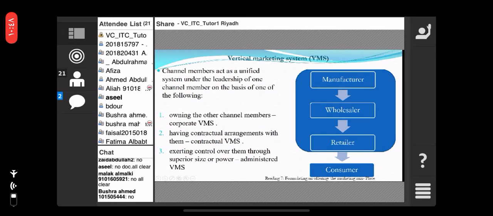We call it vertical, meaning it's in the shape of a vertical. Number two, having contractual arrangements with them, contractual VMS. And number three, external control over them through superior size or power, administered VMS. So manufacturers, wholesalers, retailers, and then finally reaching the consumers.